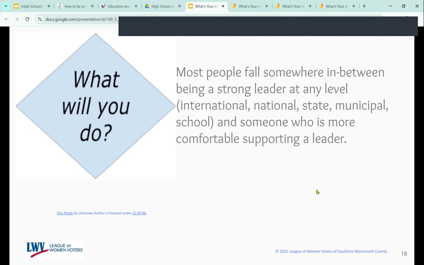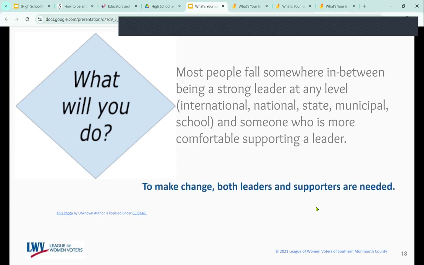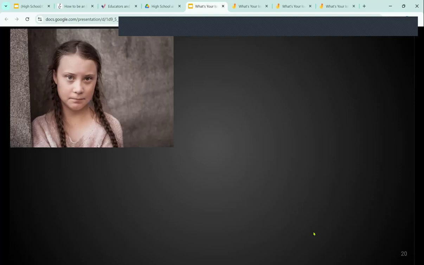Most people fall somewhere in between being a really strong leader, no matter what level you're talking about, and someone who is more comfortable supporting a leader. It doesn't matter where you are. It just matters that you're doing something to try to bring about the change that you want to see in your own world. Both leaders and supporters are needed. And you decide on your own level of engagement.